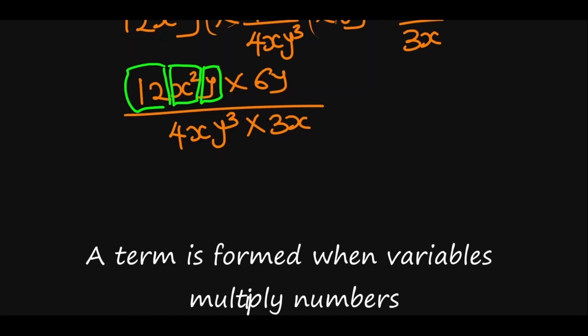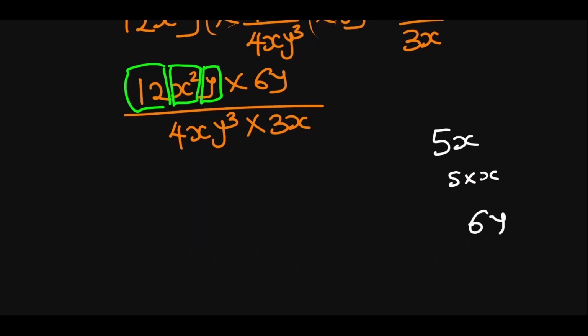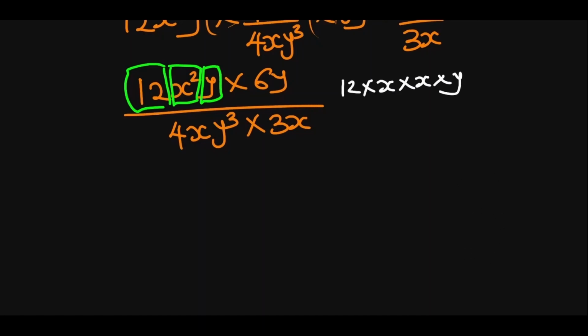So 5x just means 5 times x, or 6y means 6 times y. If we had this term this way, we can say 12 times x times x times y, because this is already a setting of a multiplication and division family. So it is now possible to split those terms into their individual items that were multiplying themselves.